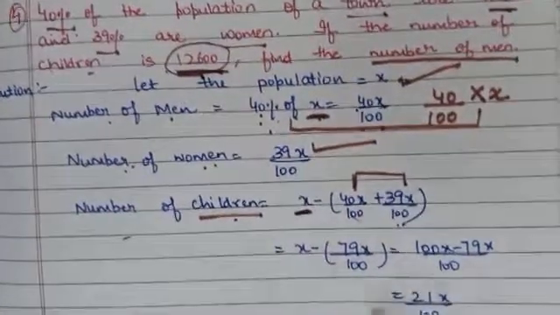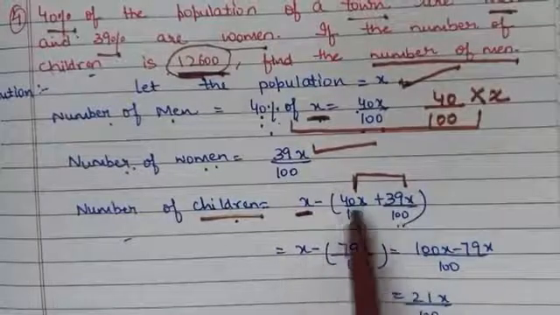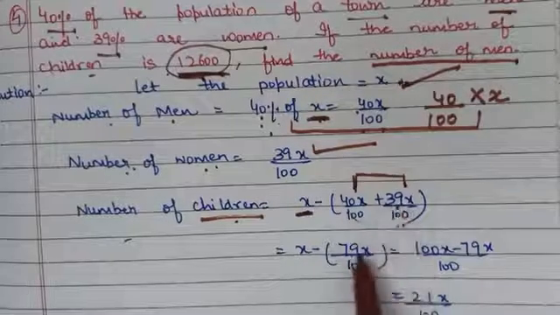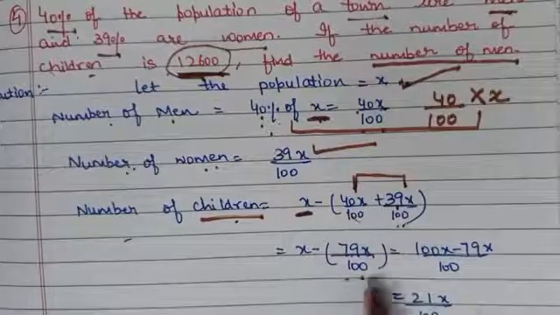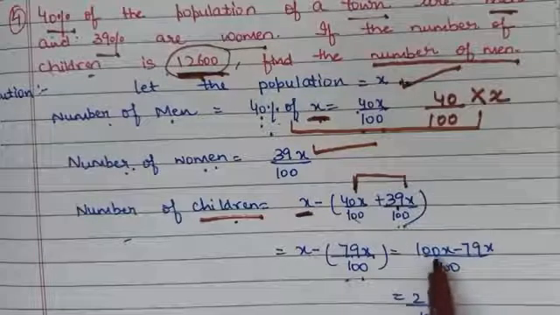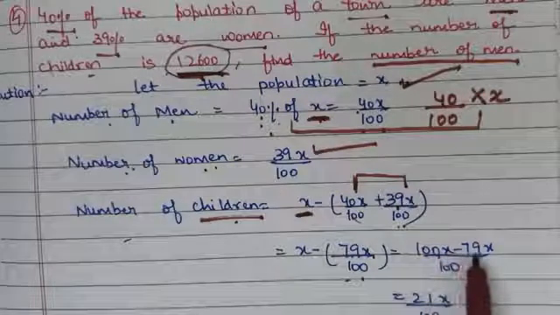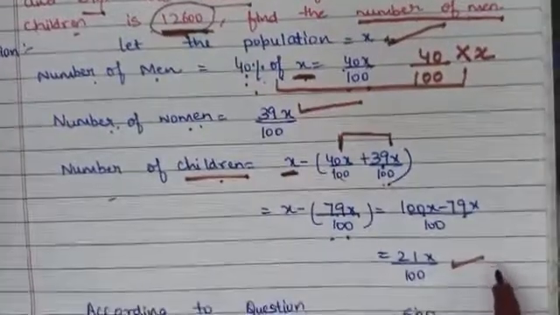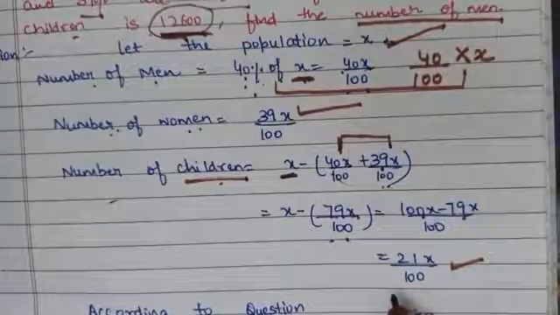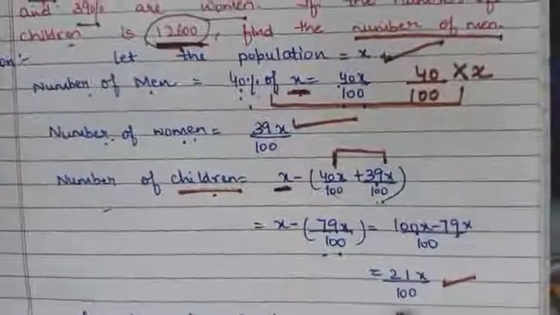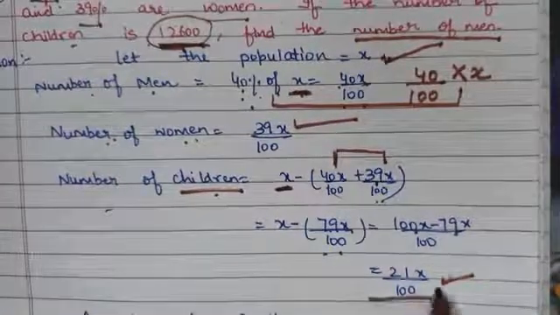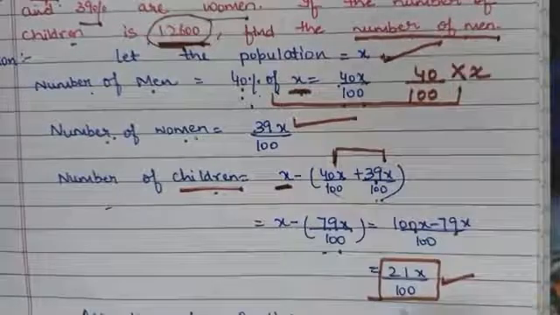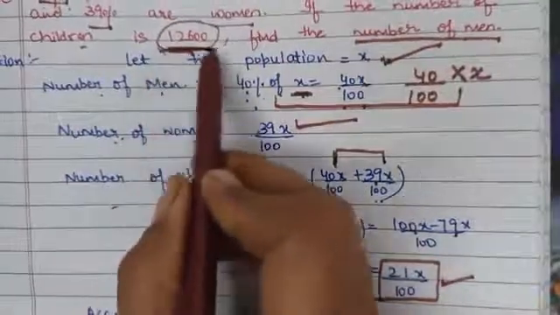So now x minus 79x upon 100. On taking LCM, we get 100x minus 79x. So we get finally 21x upon 100.